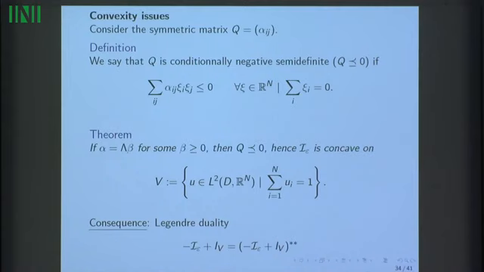Since we deal with functions with sum equal to 1 in the space X we consider, the associated linear space is this one, sum equal to 0, and we need the matrix of surface tensions, which we call Q. We need it to be what people call conditionally negative semi-definite.